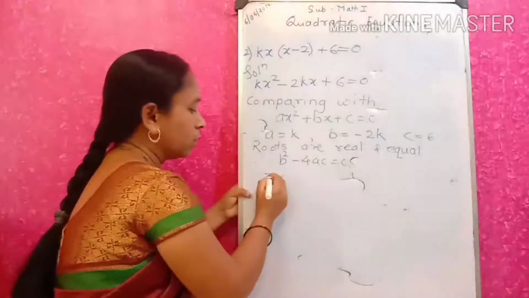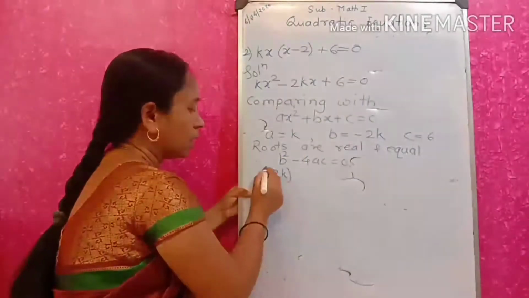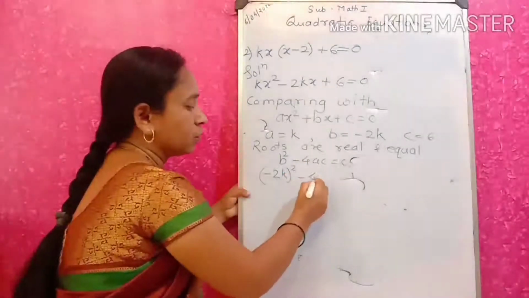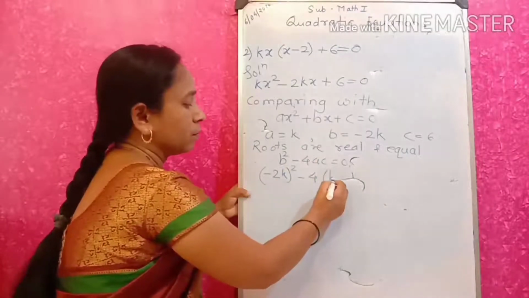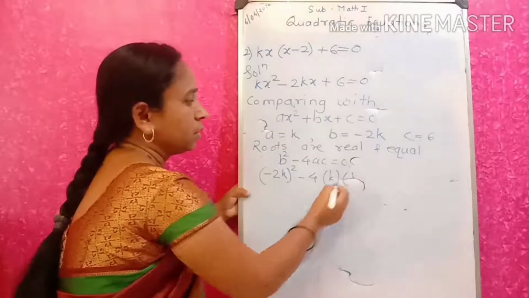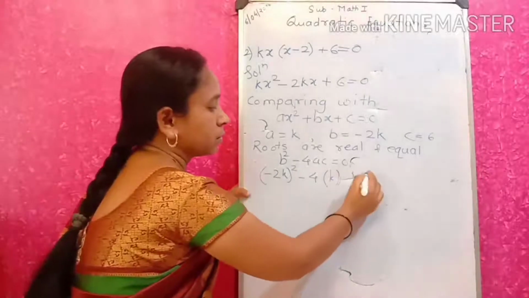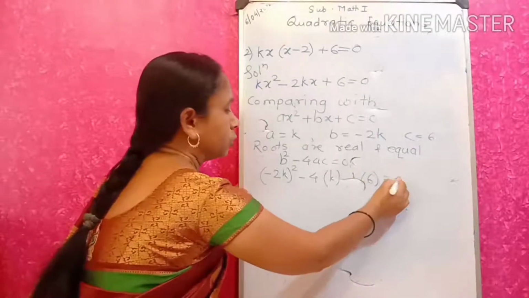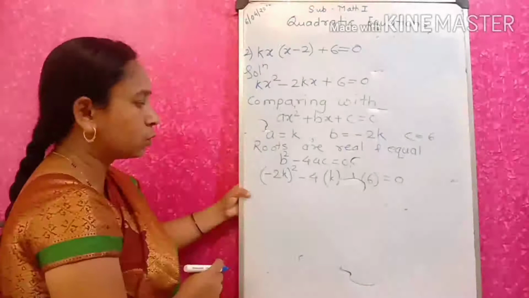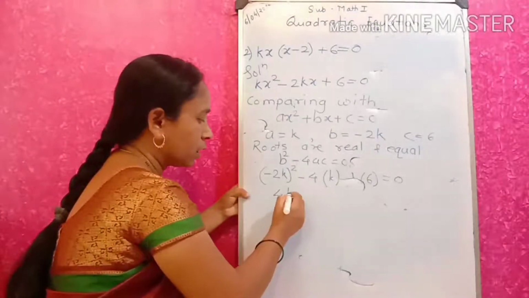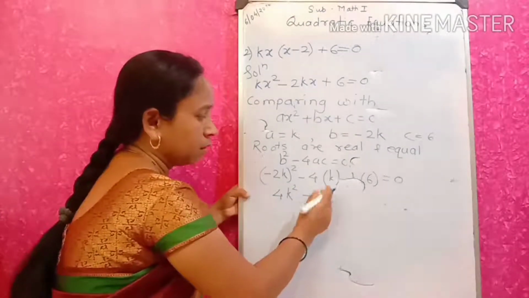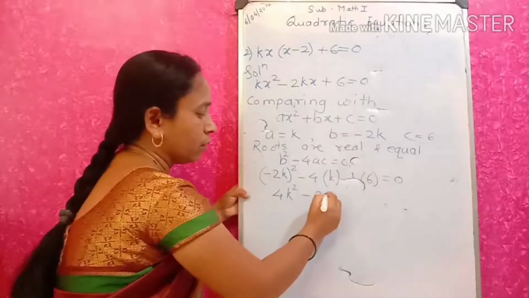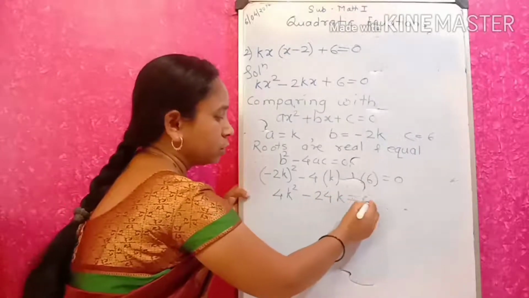Minus 2k, so minus 2k bracket square, minus 4 into a, a is k, c is 6, is equal to 0. Minus 2k square is 4k square, minus 6 fours are 24, 24k is equal to 0.